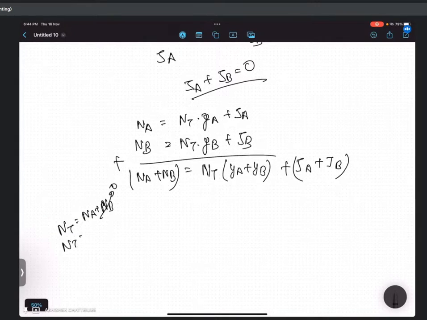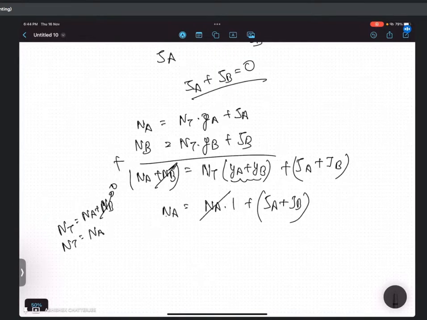That means your Nt is equal to Na. So just put Nb equal to 0. Your Na will be equal to Na into Ya plus Yb, the sum of mole fractions, which is always equal to 1 because this is a binary mixture, plus Ja plus Jb. So this will cancel out and this will become 0. So Ja plus Jb is equal to 0.